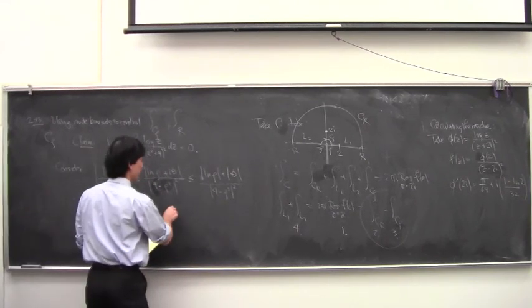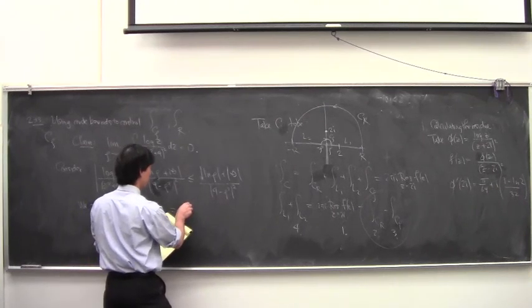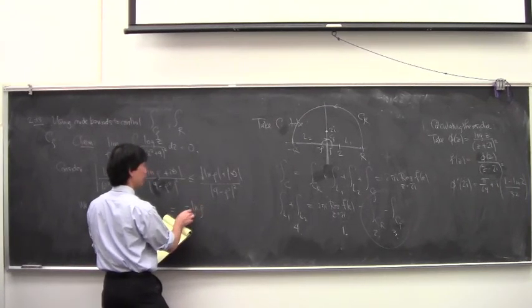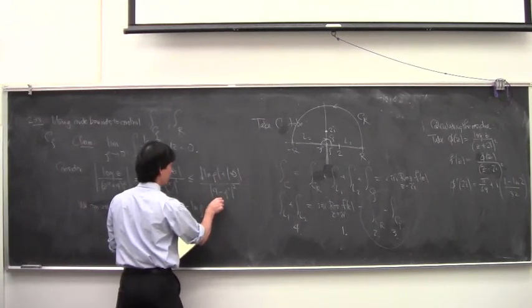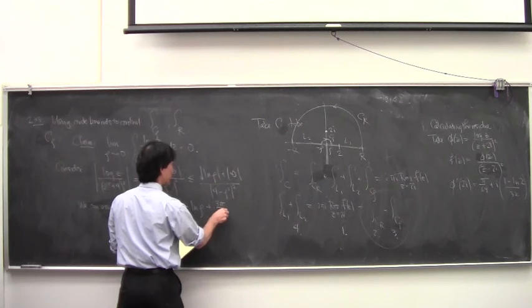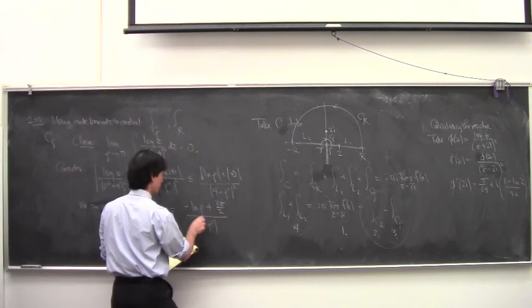And so what we get is negative natural log rho plus 3 pi over 2 over 4 minus rho squared squared.